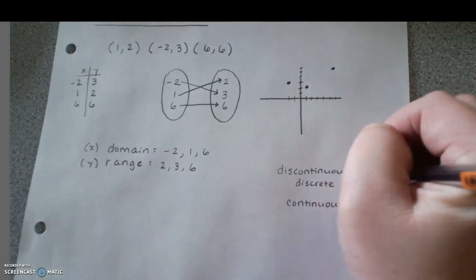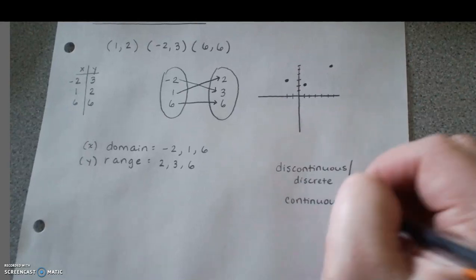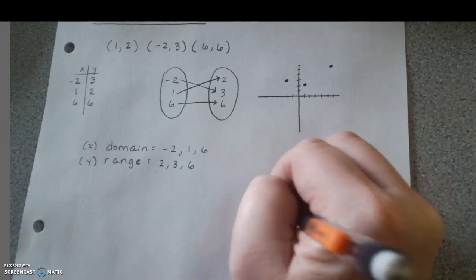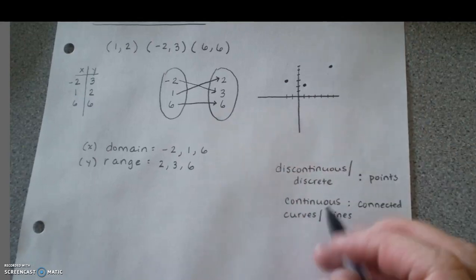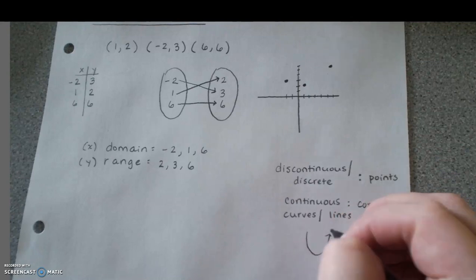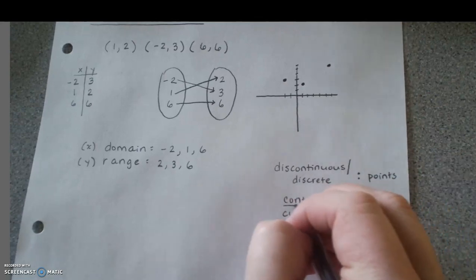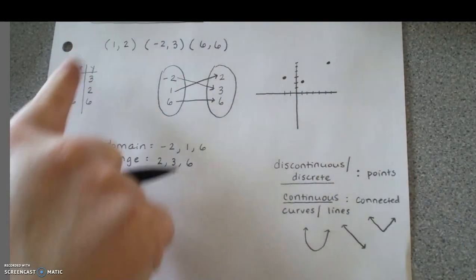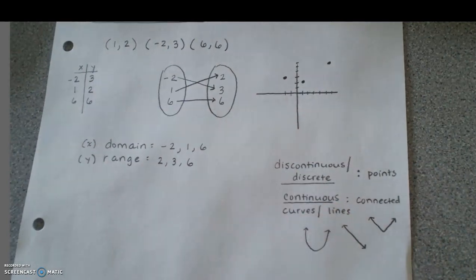Okay, so discrete and discontinuous is just points that are not connected. Continuous graphs are connected curves or lines. So an example of a continuous function would be our parabolas, it would be our lines, it would be our absolute values. Those are continuous. So these are discontinuous or discrete, and these are examples of continuous functions.